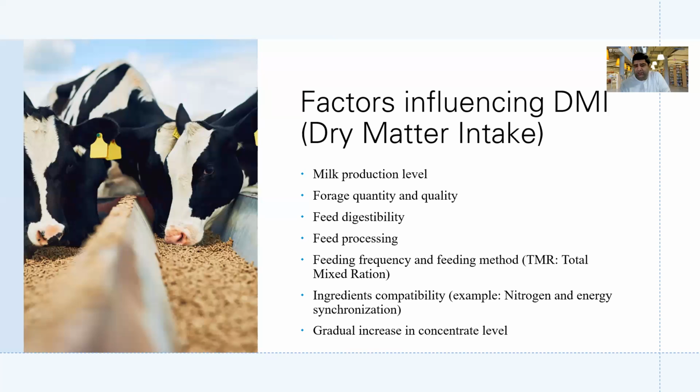So the next item is ingredients compatibility. For example, I'm talking about nitrogen and energy synchronization. If you are feeding highly degradable nitrogen, you need to feed highly fermentable carbohydrate, because fuel for the microbial population in the rumen is nitrogen and energy.